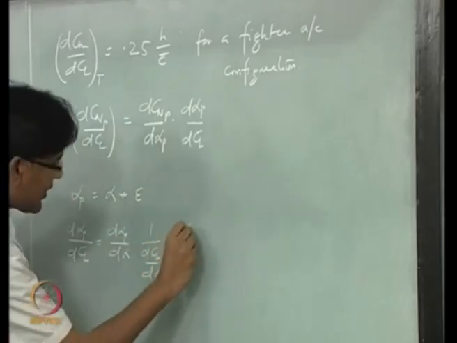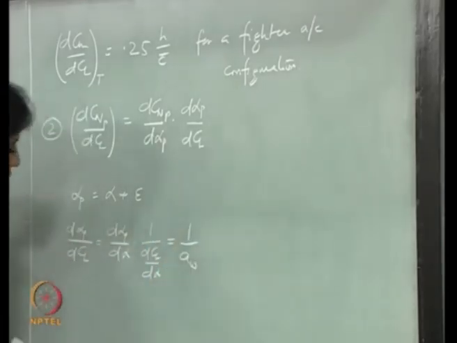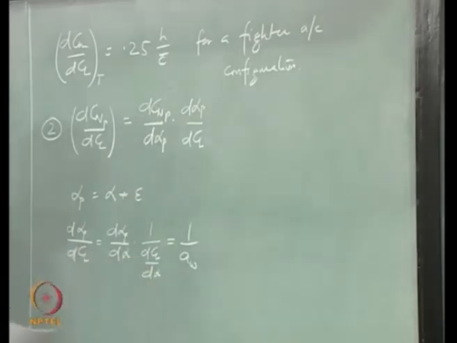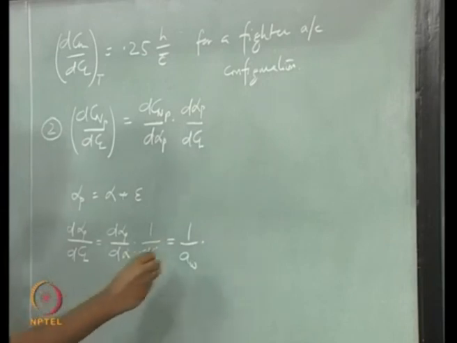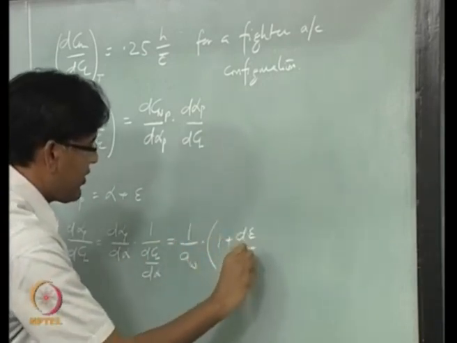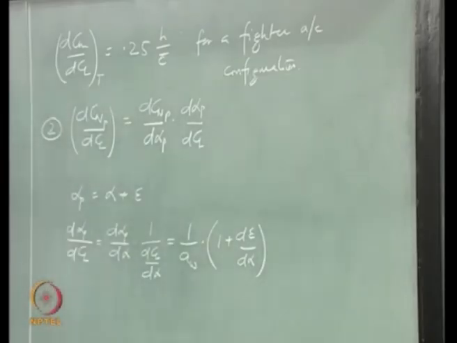So this I can write as the lift curve slope of the wing into 1 over, right.